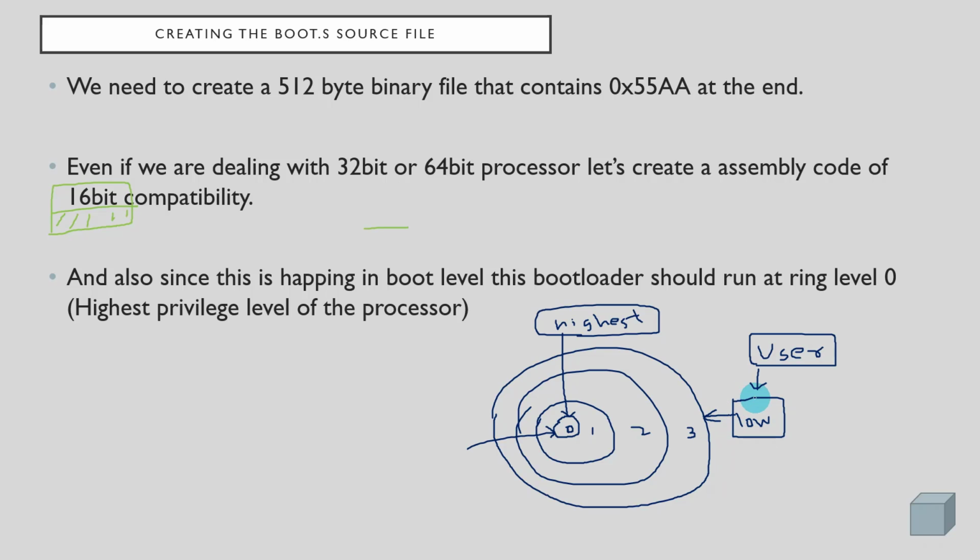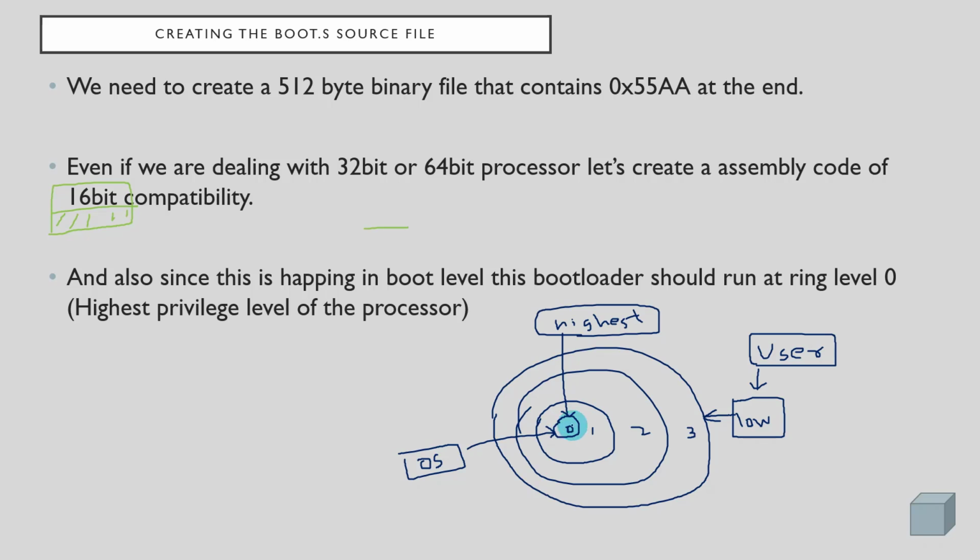Otherwise, some hardware failures or something like that will occur. So just remember, the operating system is at the highest privilege level. Normally the bootloader is at ring level 0.